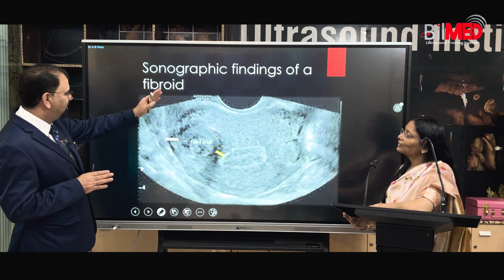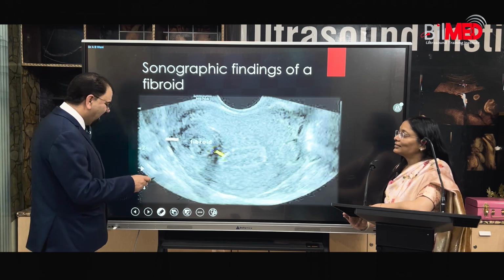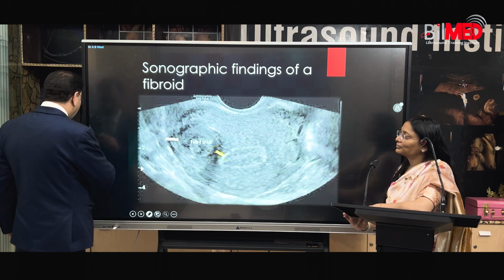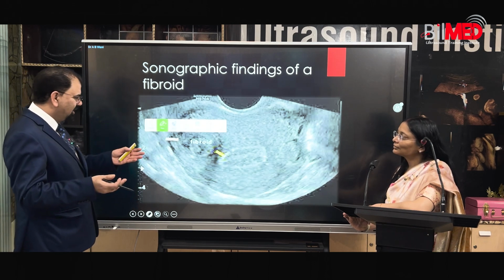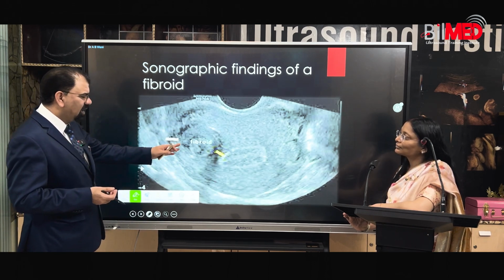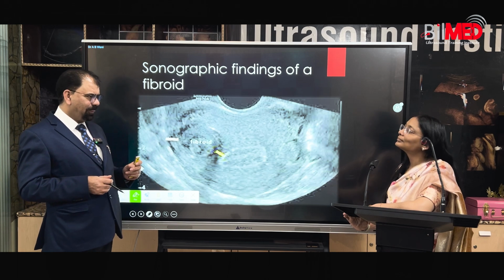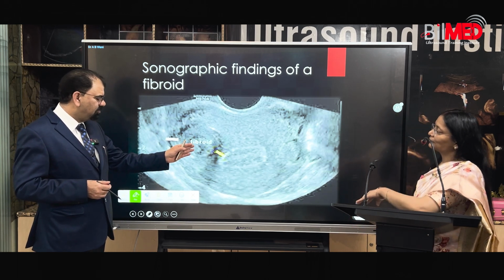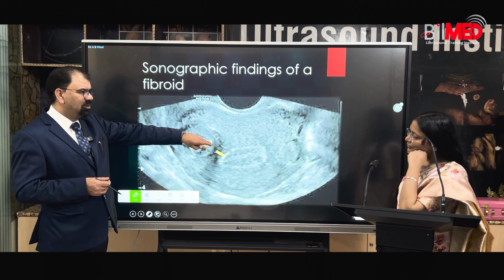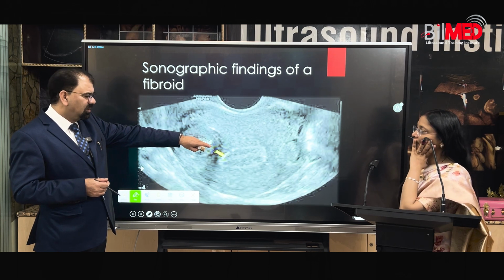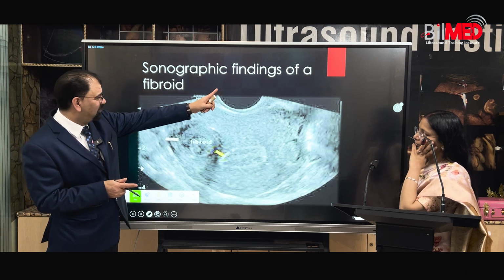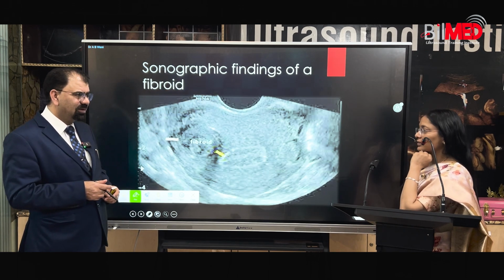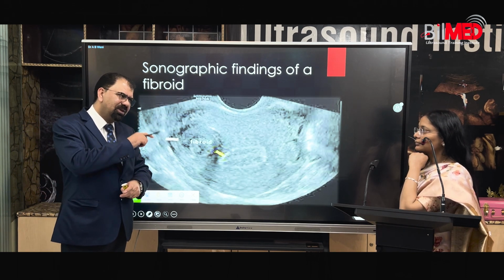Whether I am having a fibroid or something else, maybe an adenomyotic patch, maybe a polyp also, I have to differentiate. For that, I should know the sonographic findings of a fibroid. Exactly, as is the Father, so will be the Son.